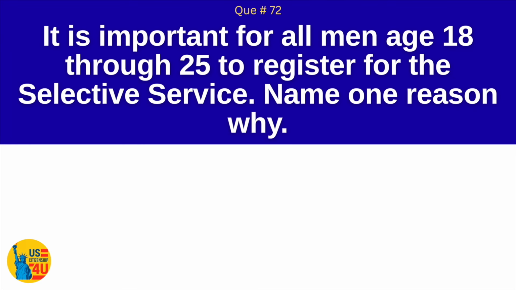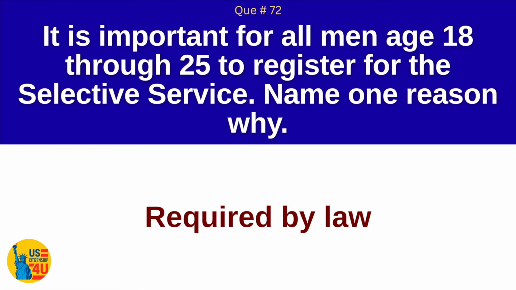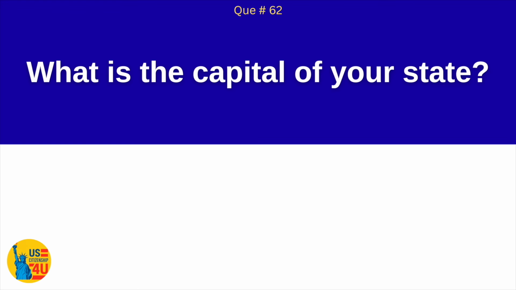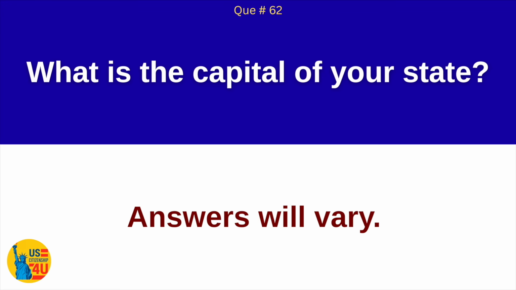It is important for all men, age 18 through 25, to register for the Selective Service. Name one reason why. Required by law. What is the capital of your state? Answers will vary.